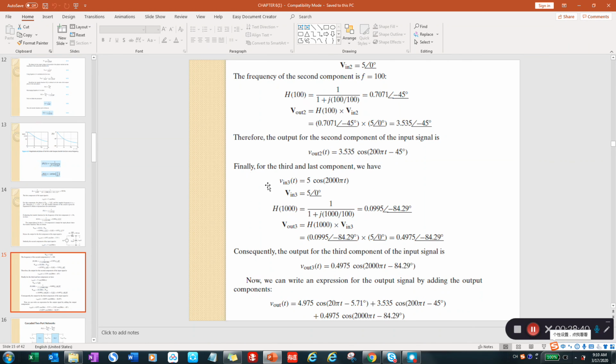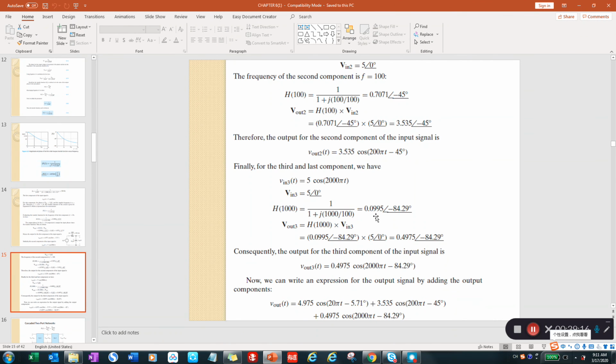And the third component of the input is 5 cosine 2000 pi t. For the third component, the frequency is 1000. The same thing, we are going to identify the frequency for the third input first, which is 1000. Then from the formula, we can figure out the transfer function at the frequency equal to 1000 is 0.0995.